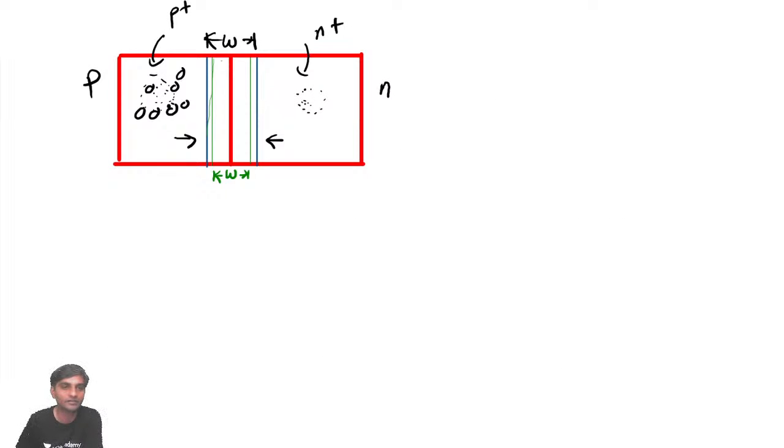So now what happened? As I told you, on this side you have positive ions, and you have negative charge here. Now, as it is heavily doped, the electric field here will be very much intense when compared with a normal PN junction diode.